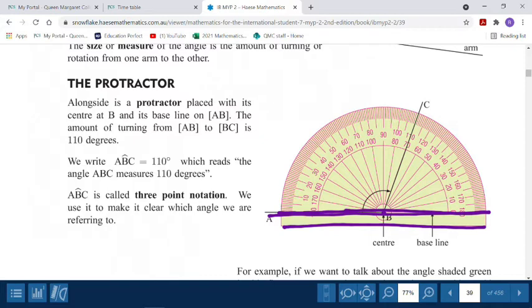But if you look over here by 180, there's another set of numbers that start with 0 and go in the other direction up to what? That allows you to measure in both directions, depending on which makes it easier for you.